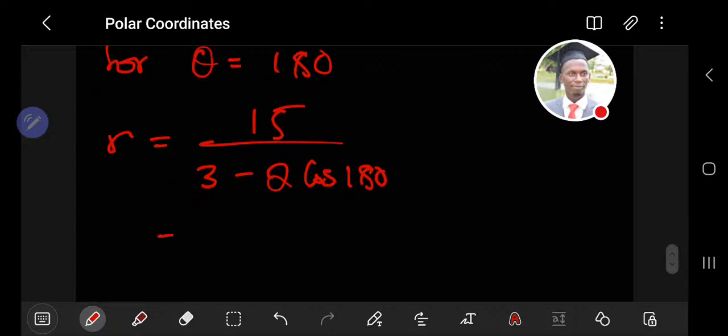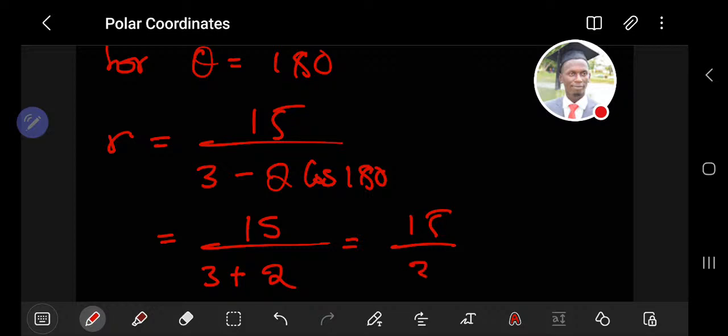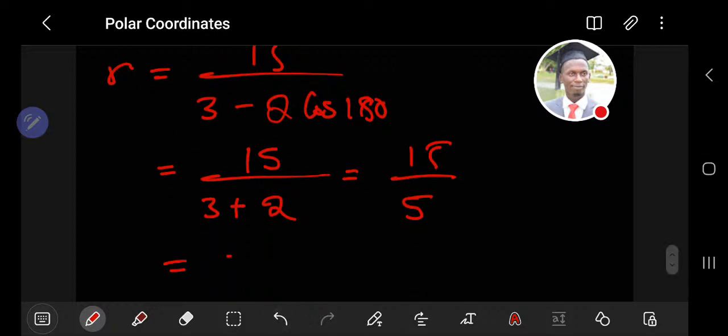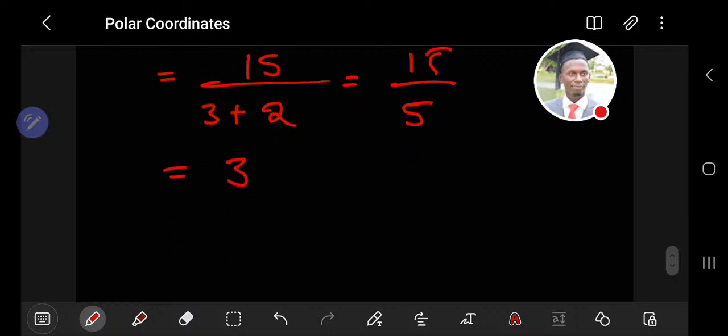Cos 180 is negative 1, so this is 15 over 3 minus, minus 1 becomes plus 2, so 15 over 5. Then 5 into 15 goes 3 times, so r is equal to 3.